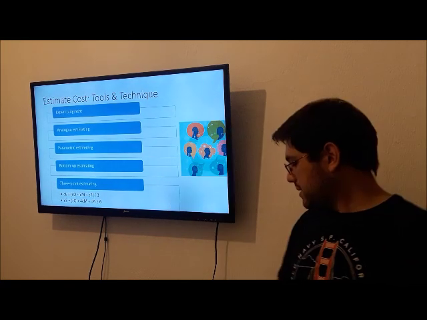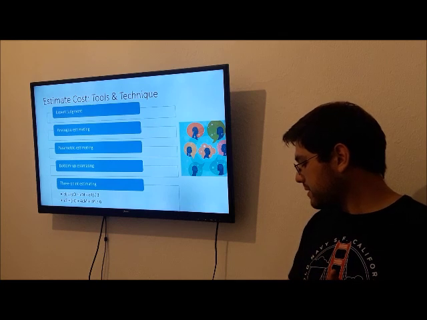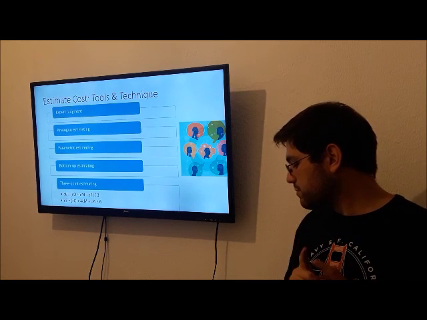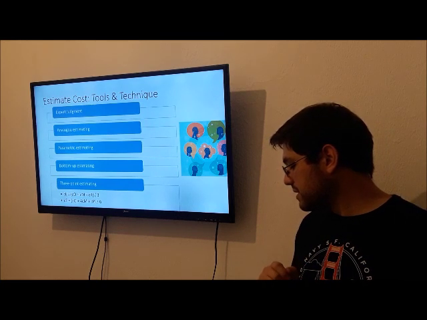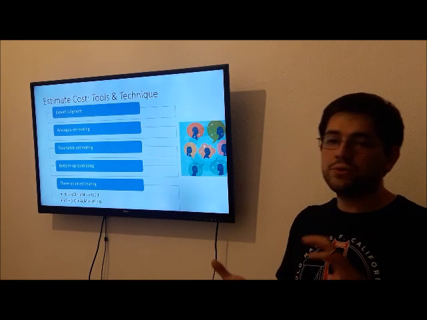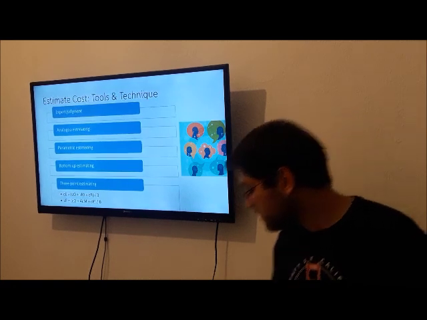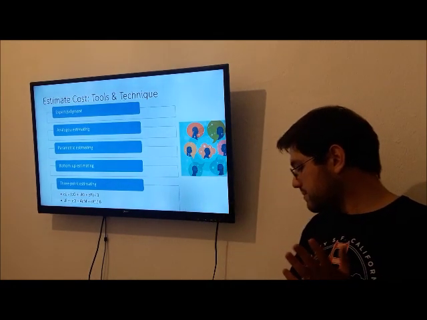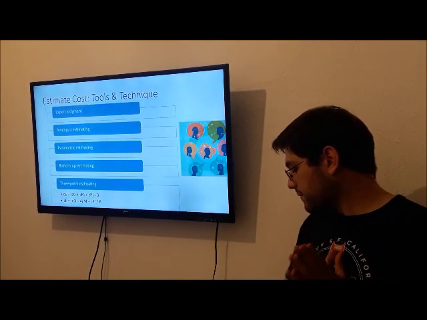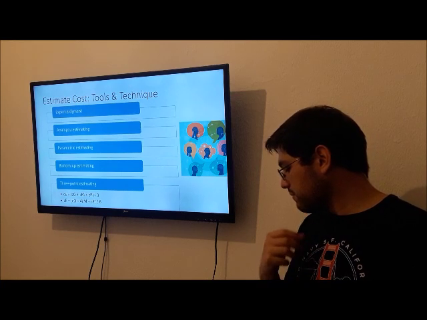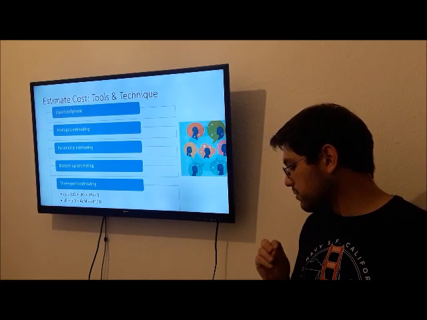in the project. Parametric estimating uses a statistical relationship between relevant historical data and other variables. We use the background of the company to calculate how much we're going to spend. Bottoms-up estimating is a method of estimating component of work, the cost of individual work packages.